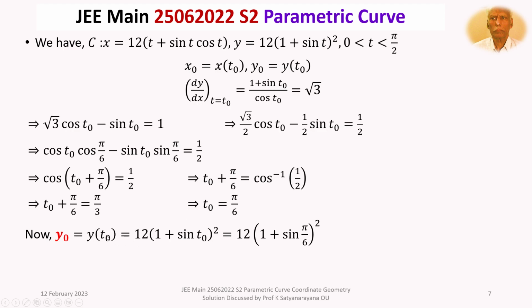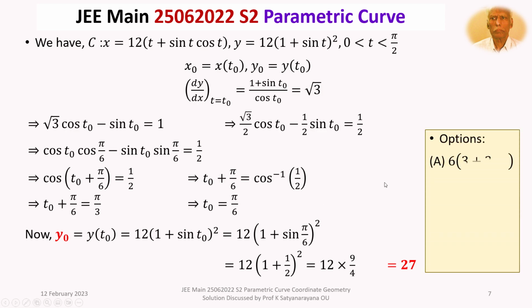So y at t0 is 12(1 + sin t0)², where sin π/6 is 1/2. So 12(1 + 1/2)², that is 12(3/2)², that is 12 into 9/4. When simplified, we get 27. That is the value of y0, which is what we wanted to find in the question.